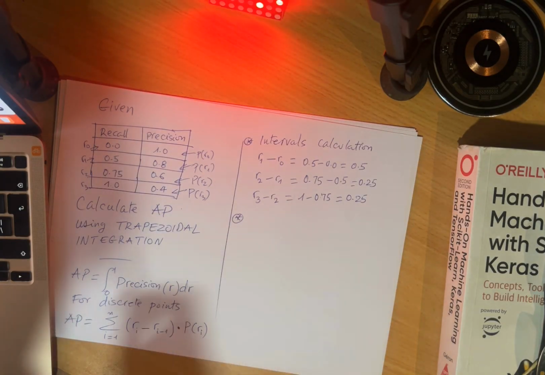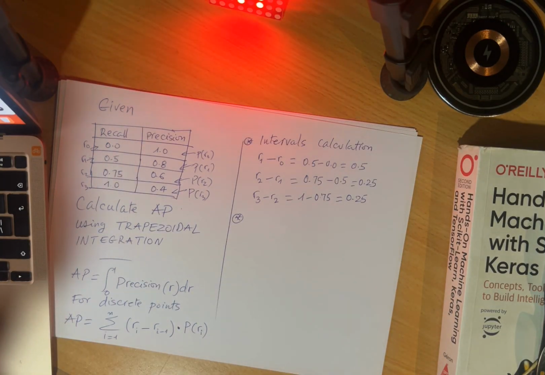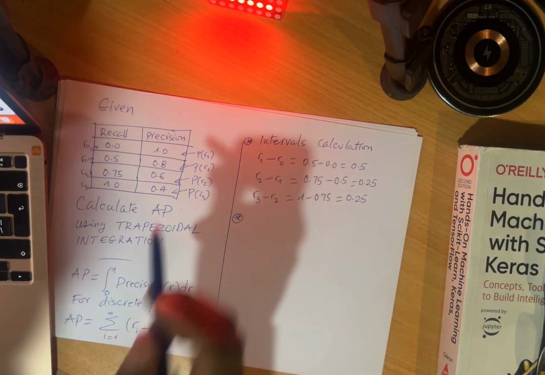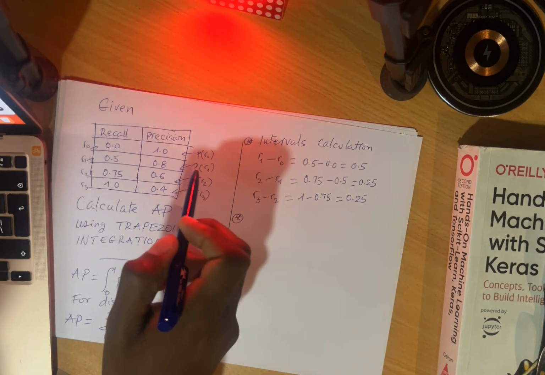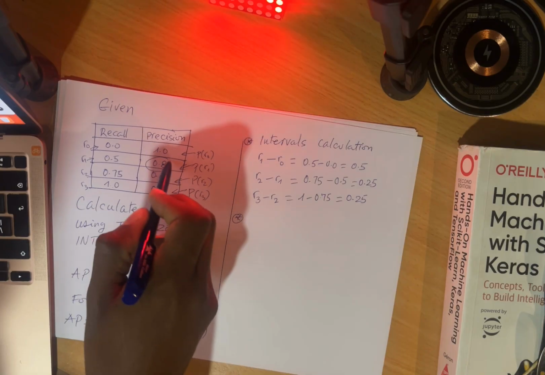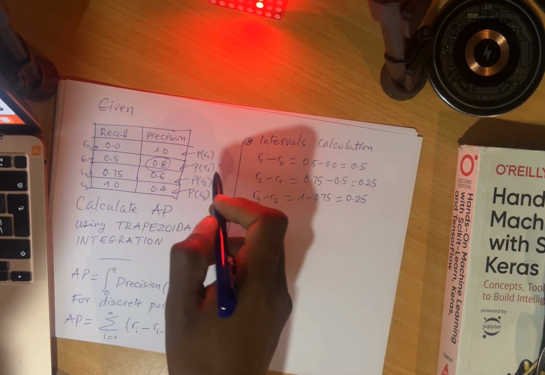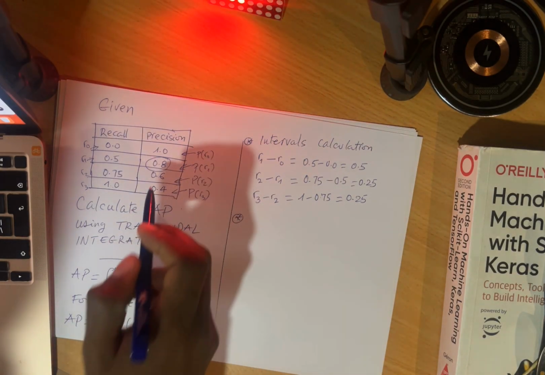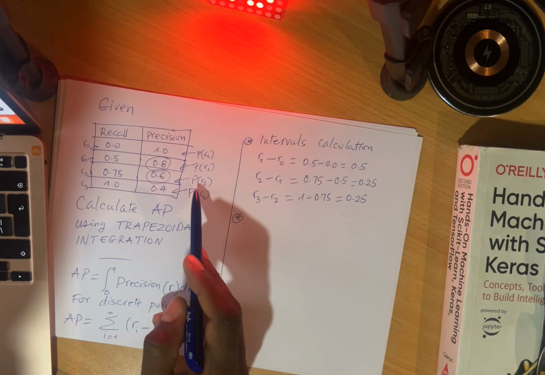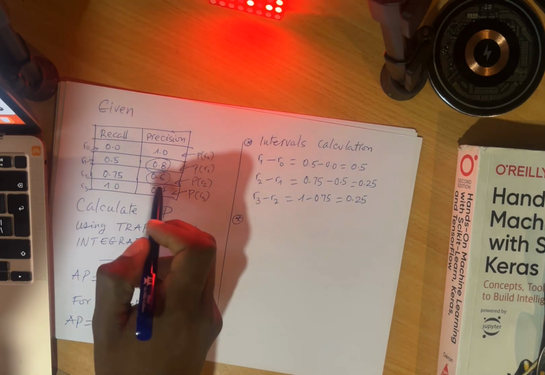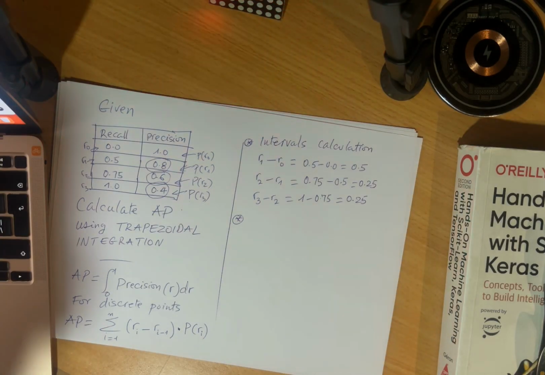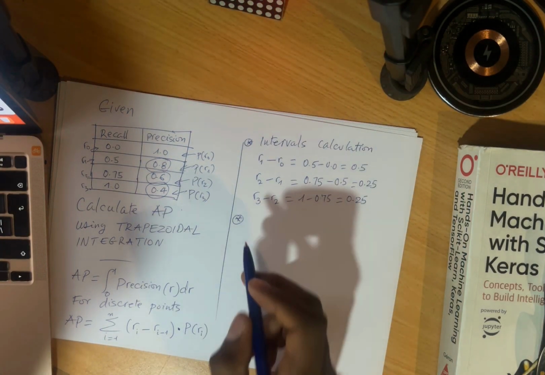Then let's calculate precision values. What do we need to calculate them? We mentioned them. We need this value, which is actually P over R1, this value, which is P over R2, and this value, which is P over R3.